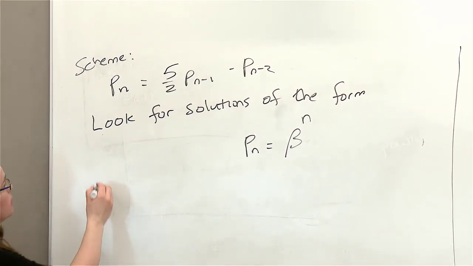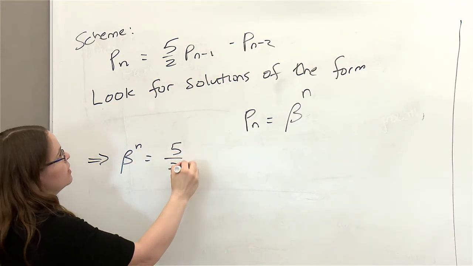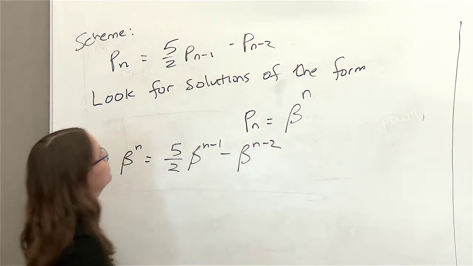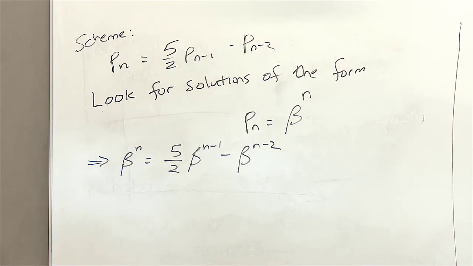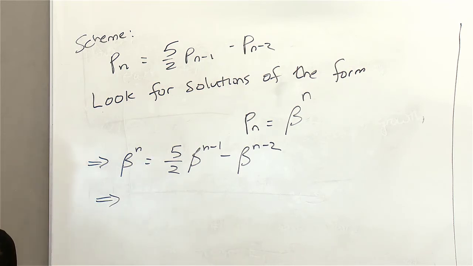So I plug that in here. I get beta n equals 5/2 beta n minus 1 minus beta n minus 2, for various values of n.